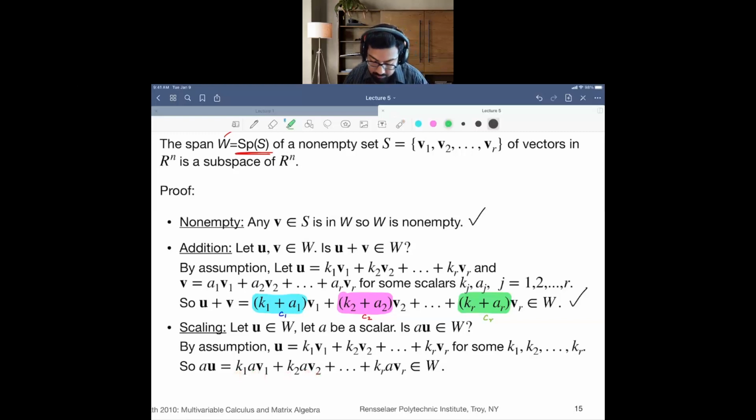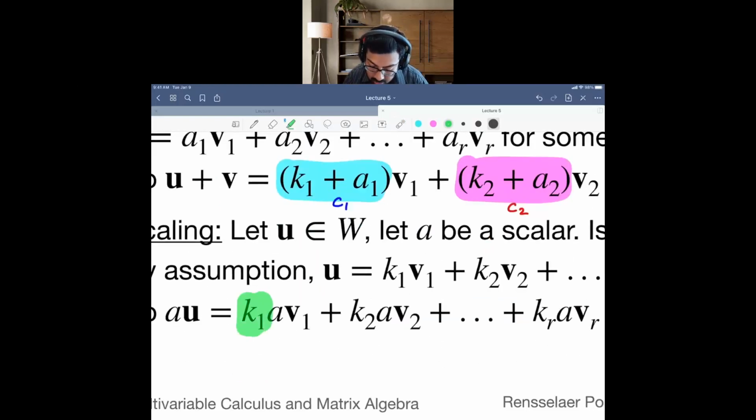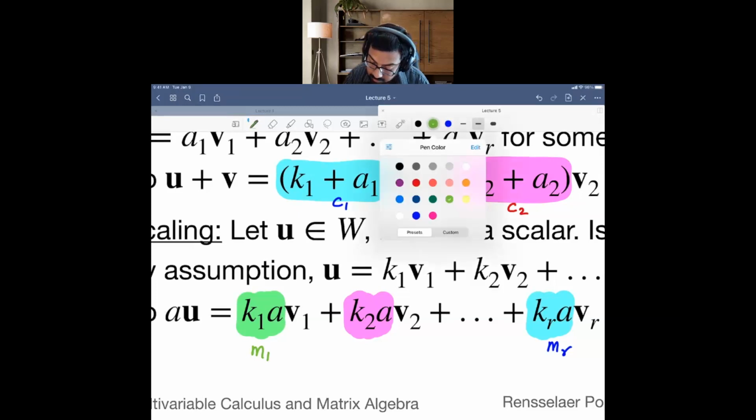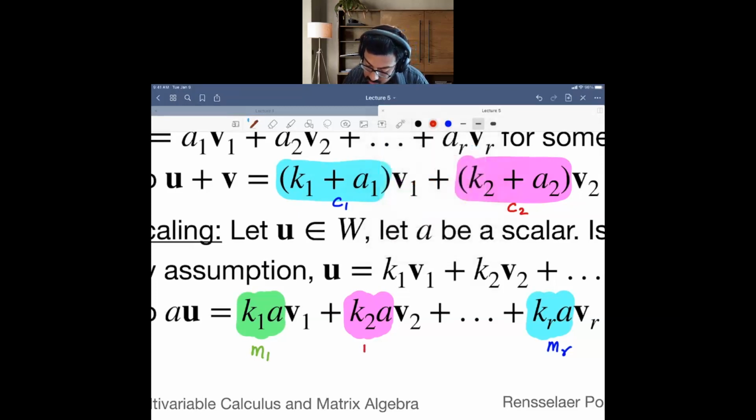And now, this can be your new scalar, and you can call this maybe M1 and M2 and M3 and so on, up to some other scalar Mr, and for this I can say some M2 and so on.